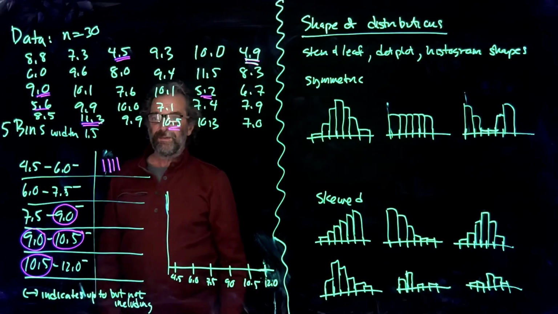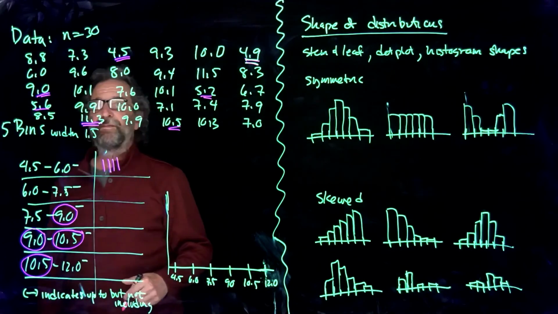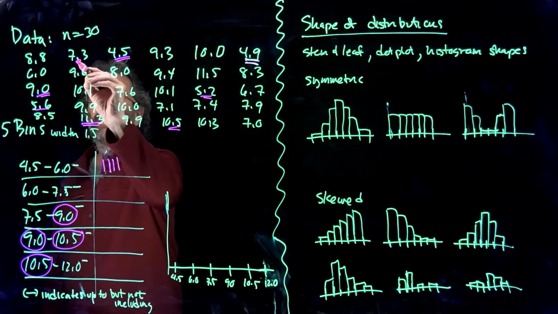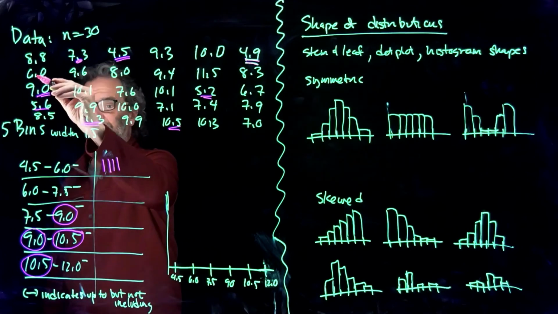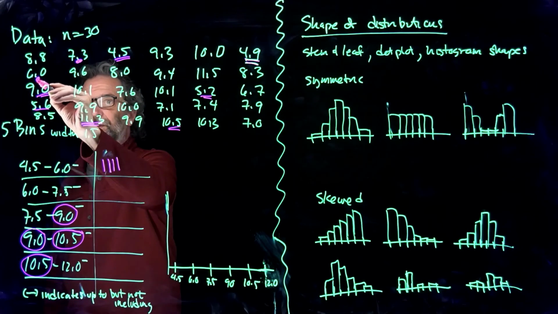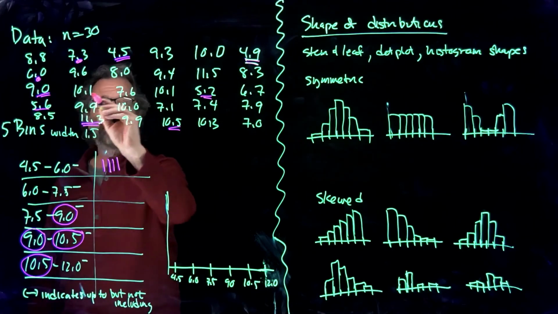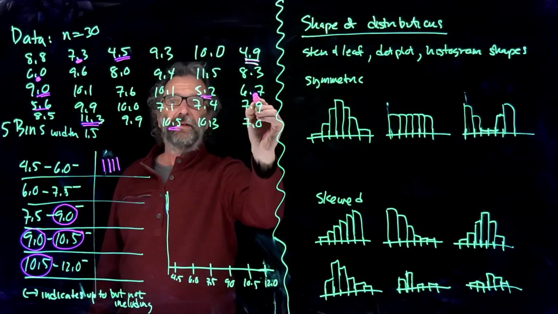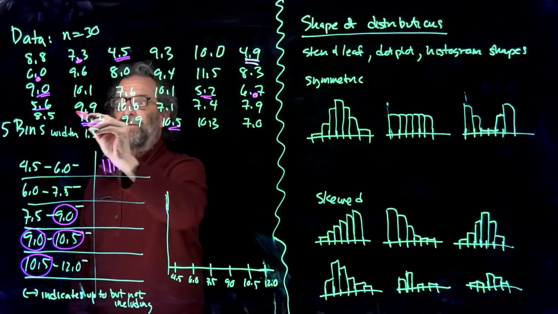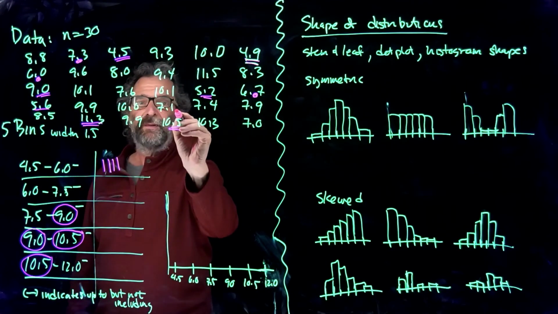Looks like there's 4 there, and then 6 to 7.5. There's a 6 there. Oh, 6 is not in there. Okay. 6 up to 7.5.